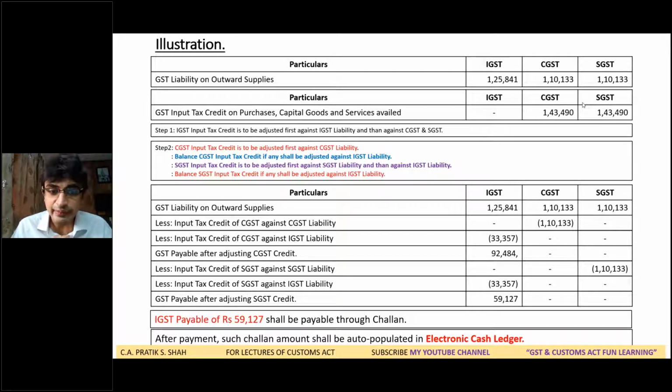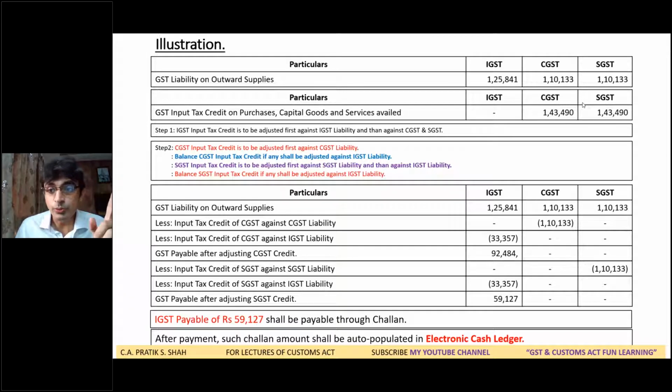Then you select net banking, choose any one available bank and make the payment. After you make the payment, it goes to which ledger? Electronic cash ledger. Clear? So this is how you need to do it.